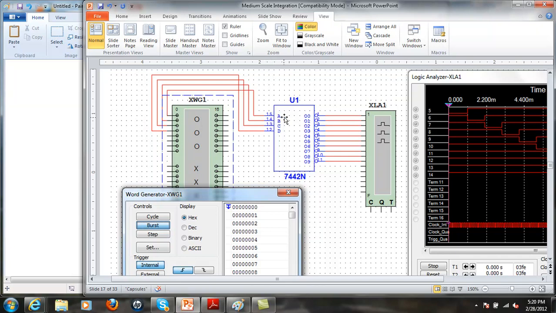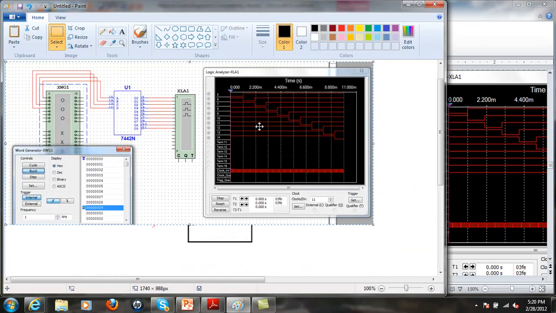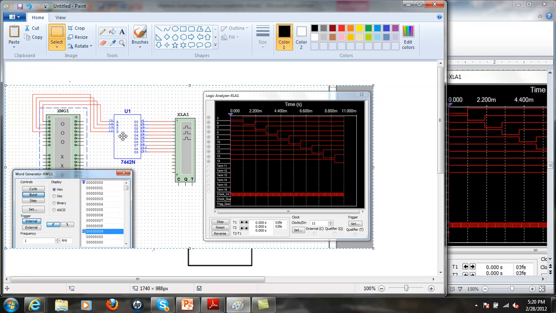So if I go into this chip with, for example, a 0, 0, 0, 0, it'll activate the 0th output. If I go in with the number 1, if I go in with the number here, 0, 0, 1, 0, which is a 2, it will activate the second output, and so on.